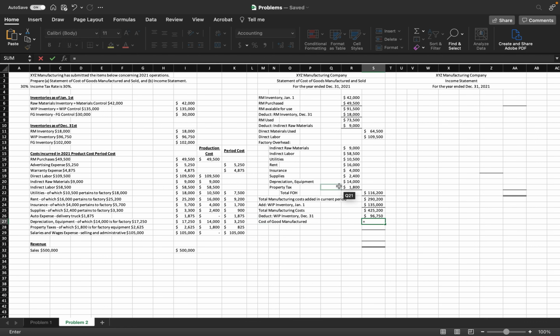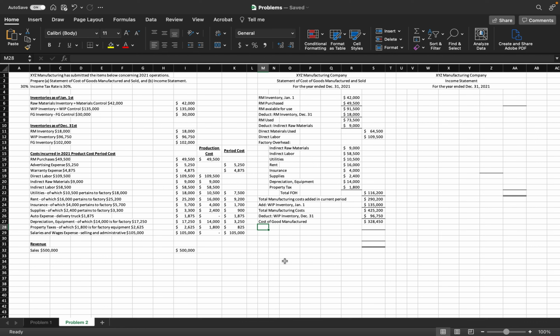So once we do cost of the goods manufactured, now to arrive at our total cost of goods sold, we need to account for the finished goods inventory. We've accounted for our initial raw materials, we've accounted for overhead, we've accounted for the work in progress to cost of goods manufactured.